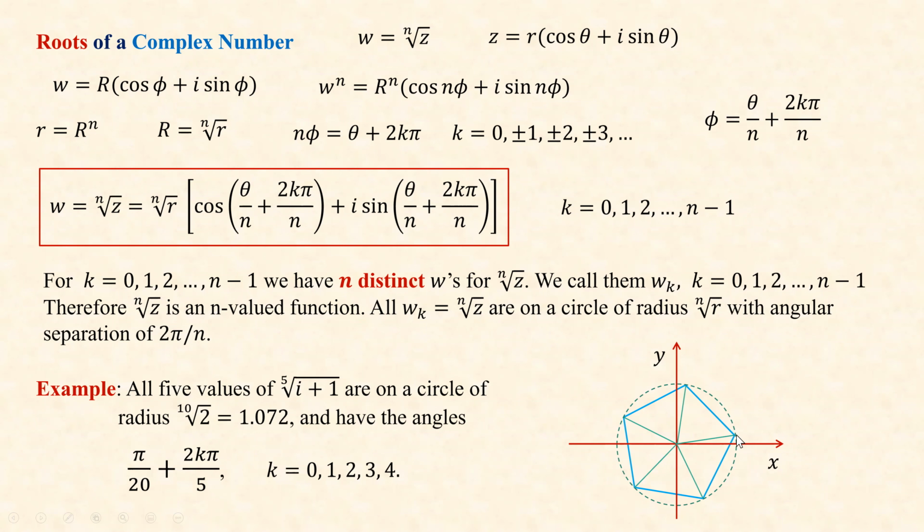You come back to the same point and then it repeats. Okay, so that's why k goes only from 0 to 4. That makes sense.